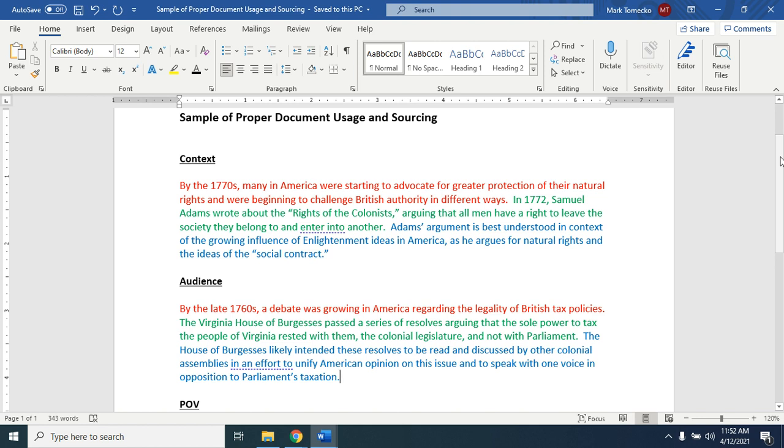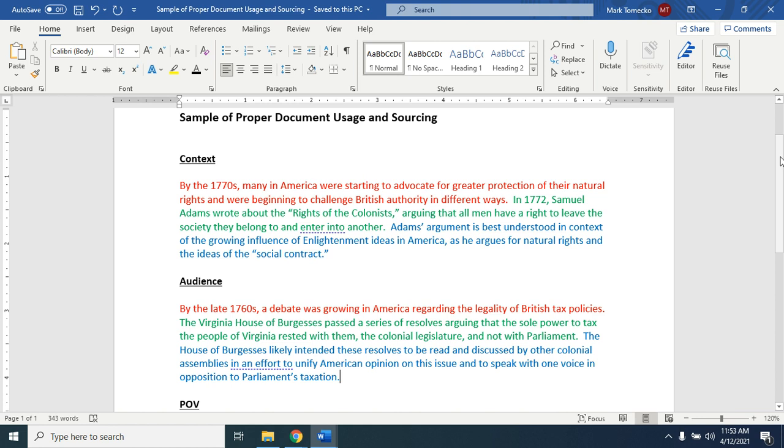Now, what I did here was I color-coded each of them so you can kind of see what I'm doing in each sentence. So the red part is kind of the thesis or the claim that's being made. It's a little bit of the analysis. It's not the document. It's just setting up how I'm using the document.